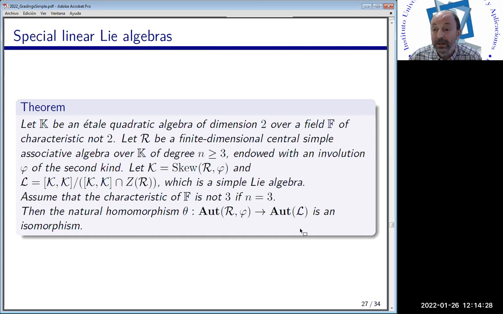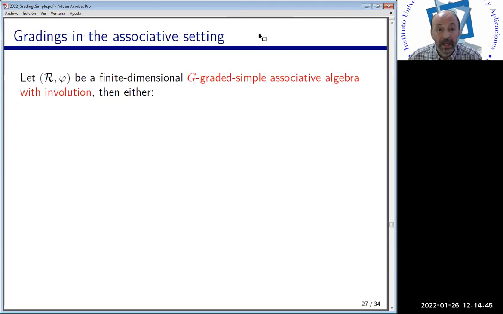And then we can translate gradings in the associative setting to the Lie setting, with problems for D4 because of the triality phenomenon, and some other exceptions that appear. But now one has to study gradings in the associative setting, but this is easy.